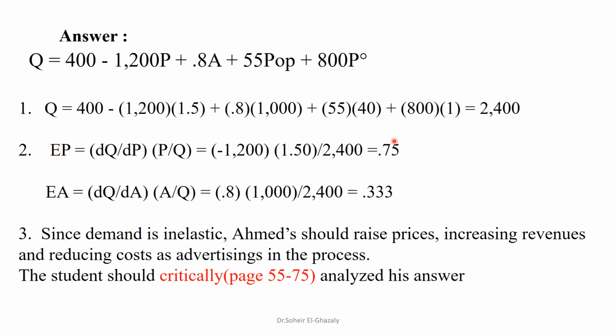First request done. Second request, he wants the elasticity of advertising. Again, we're going to change P by A. This is the law. You have to study the law. The first derivative of Q with respect of A. Let's take the derivative of Q with respect of A. We don't have A here, but we do have A here.